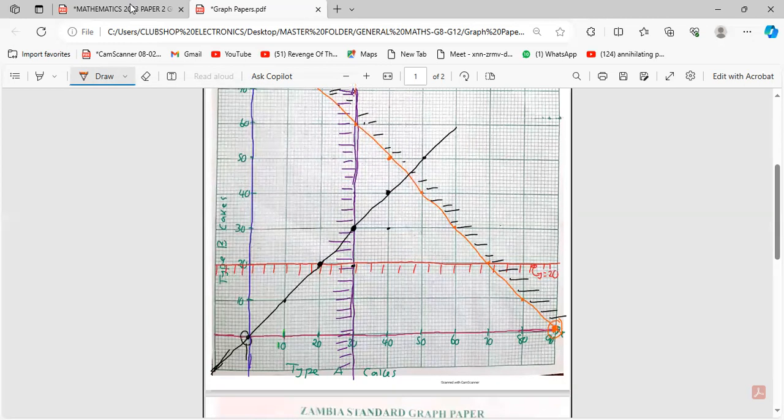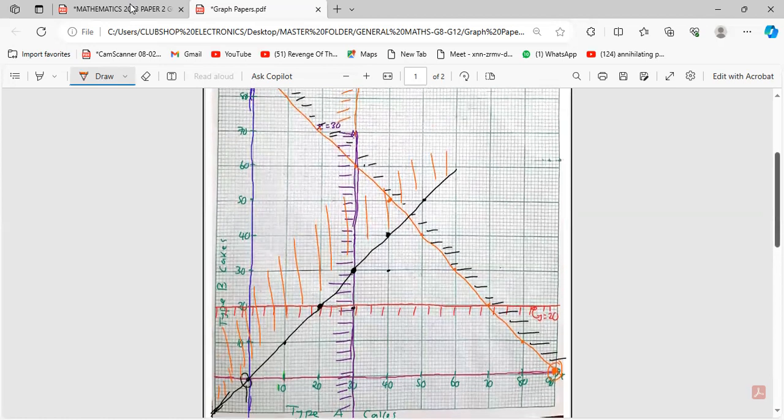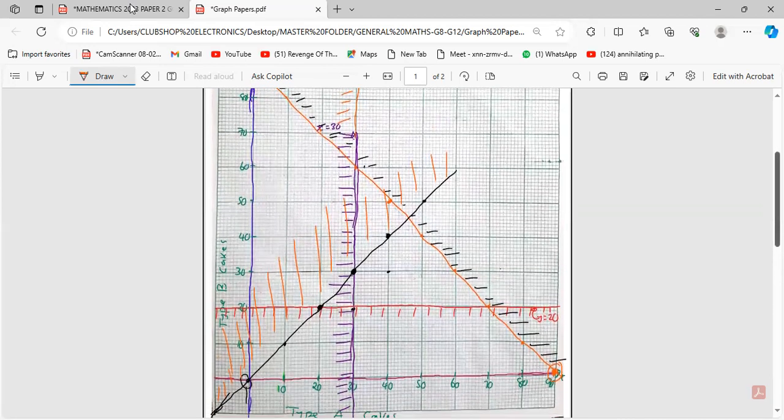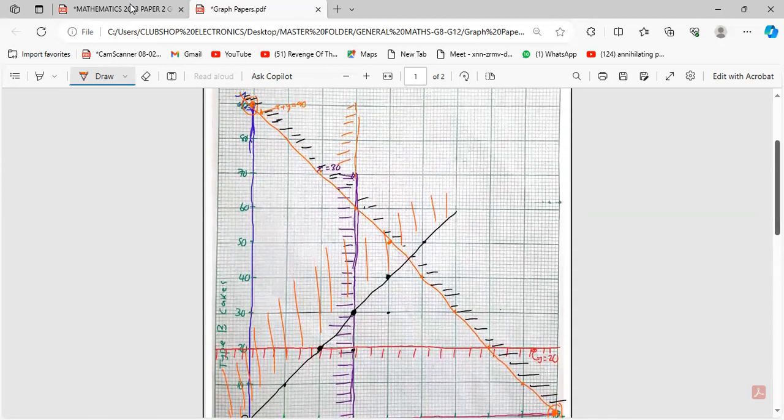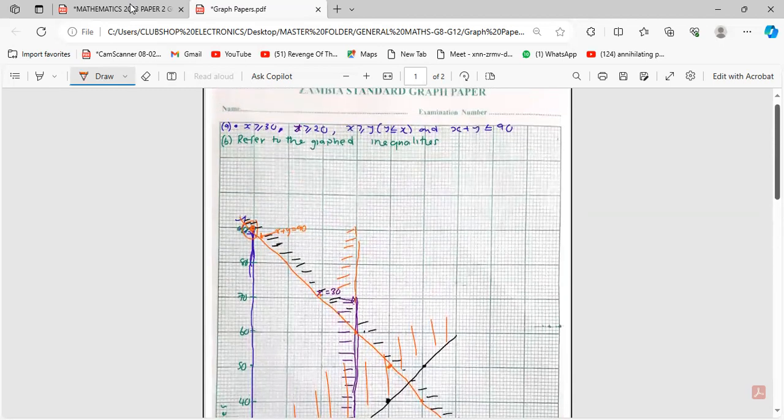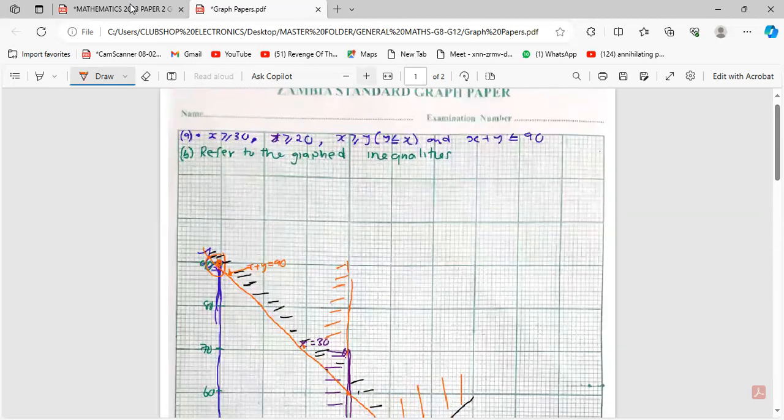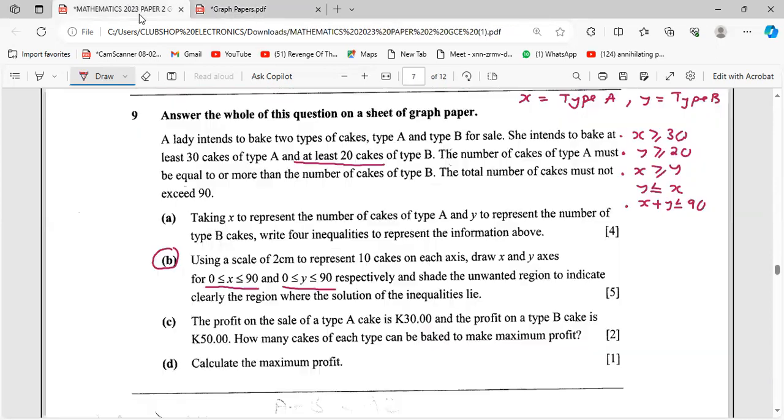Get the top part, take it off. All right, and that's it. That is B done. C and D.